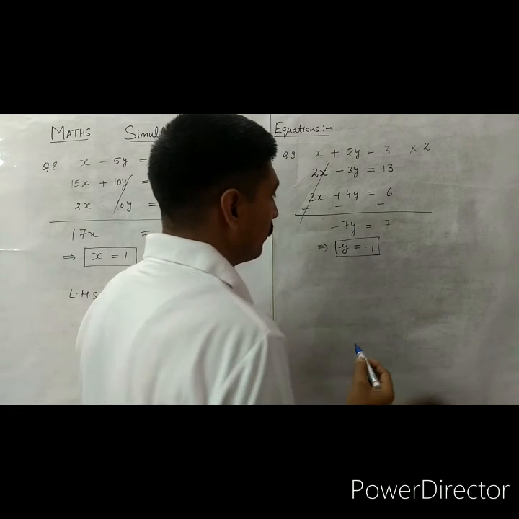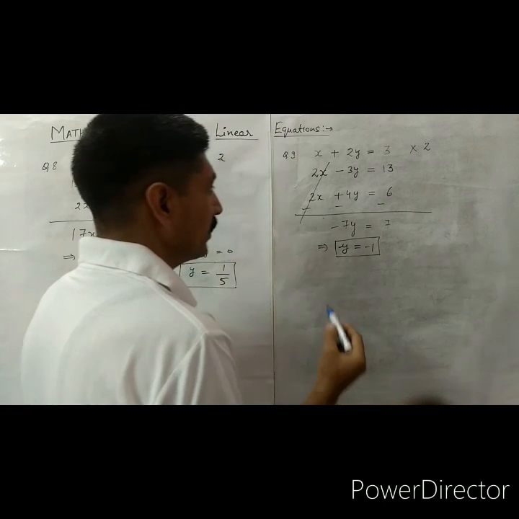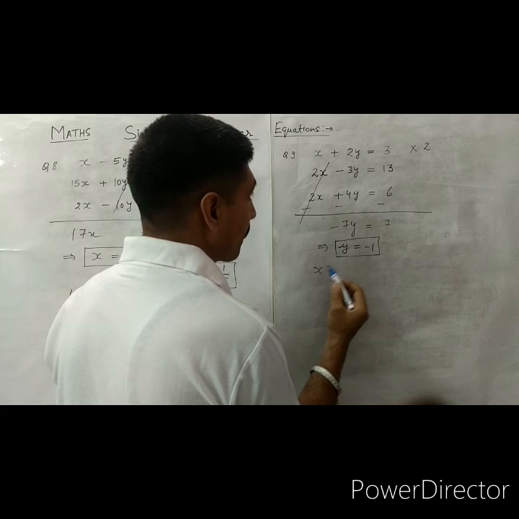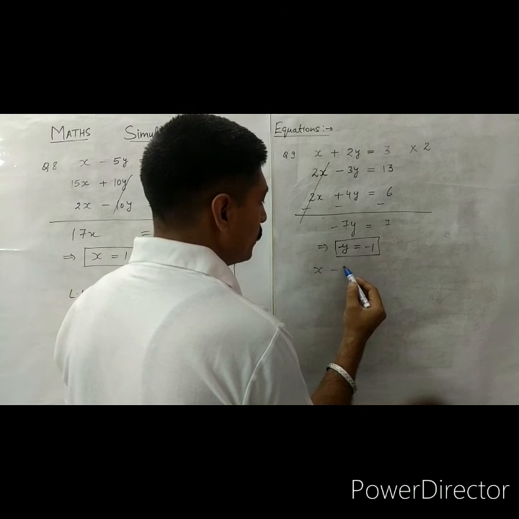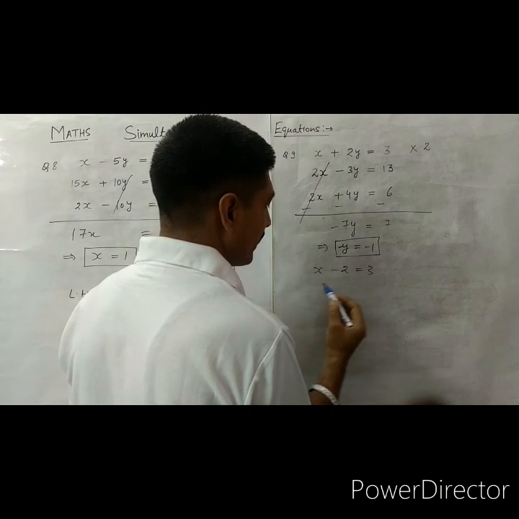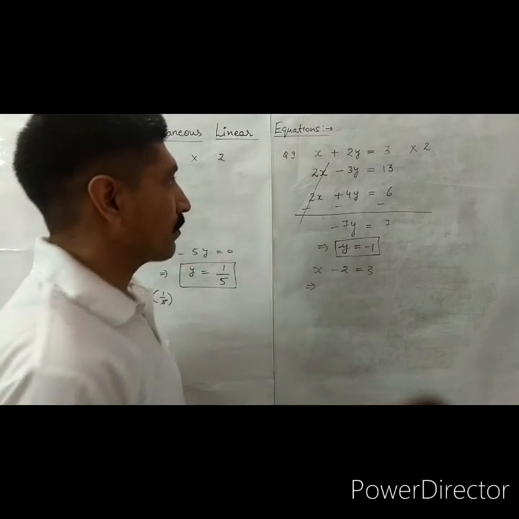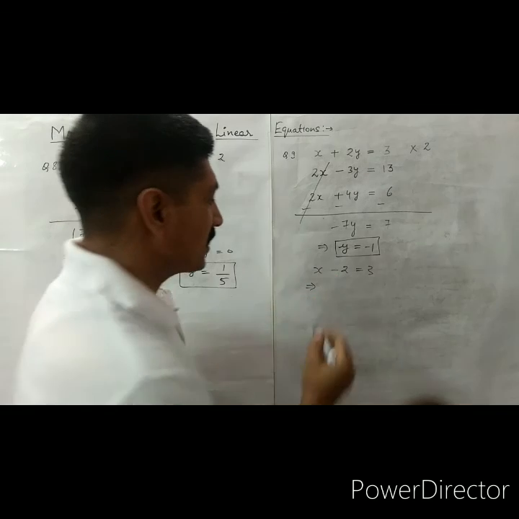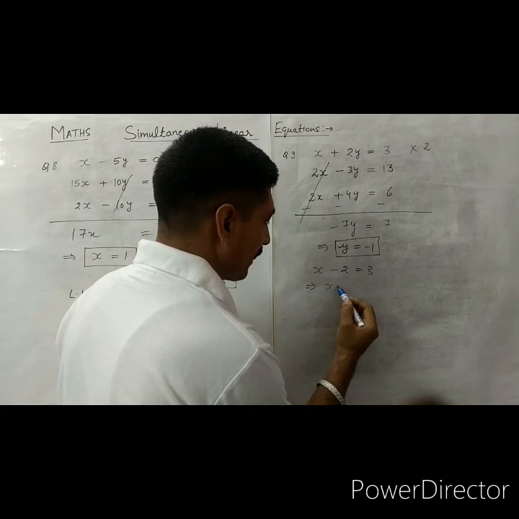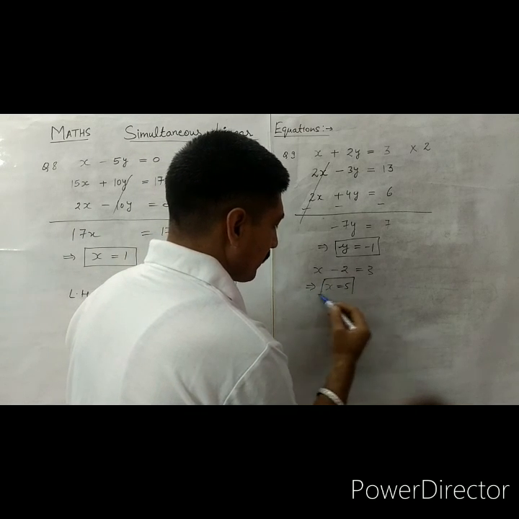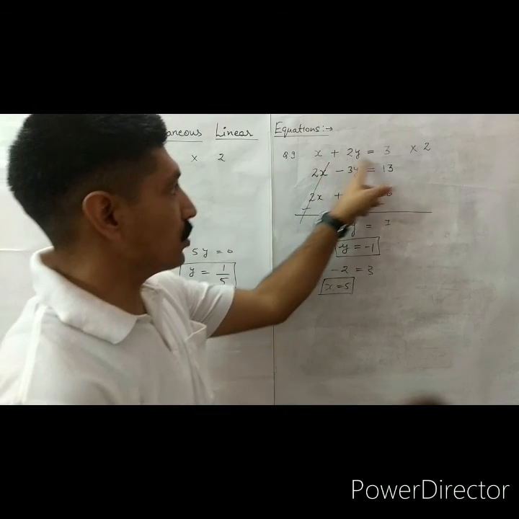So substituting the value of y is equal to minus 1, we have x minus 2 is equal to 3 here, and so x is equal to 5. Here we have multiplied equation 1 by 2.